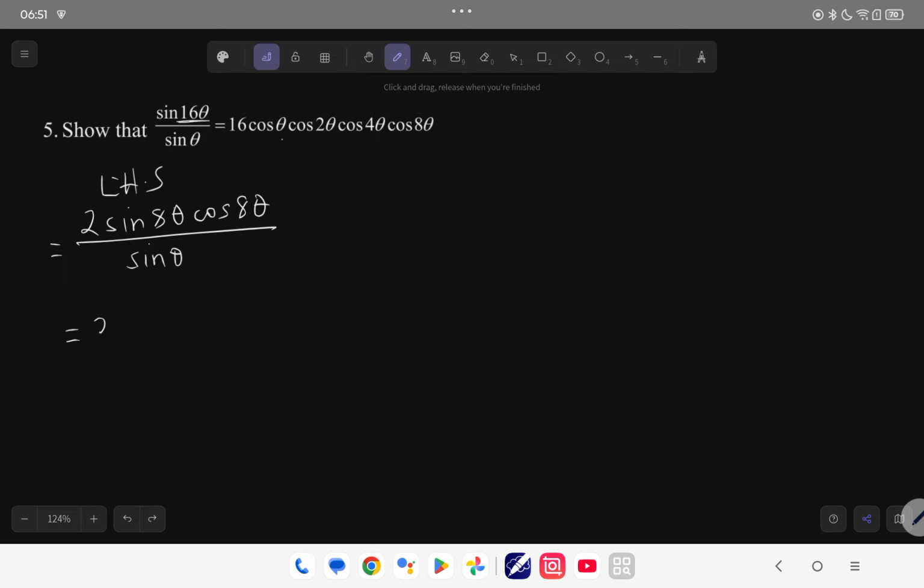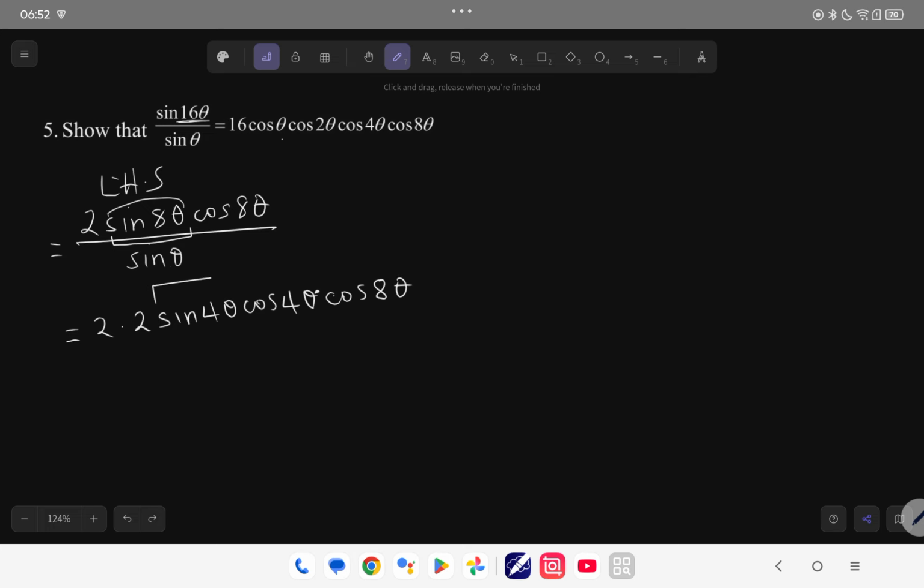So this will be now 2 times. Now the 8 theta again can be decomposed further to give us half of 8 is 4. So it will be 2 sine 4 theta cos 4 theta. This one only applies for sine 8 theta, then cos of 8 theta.